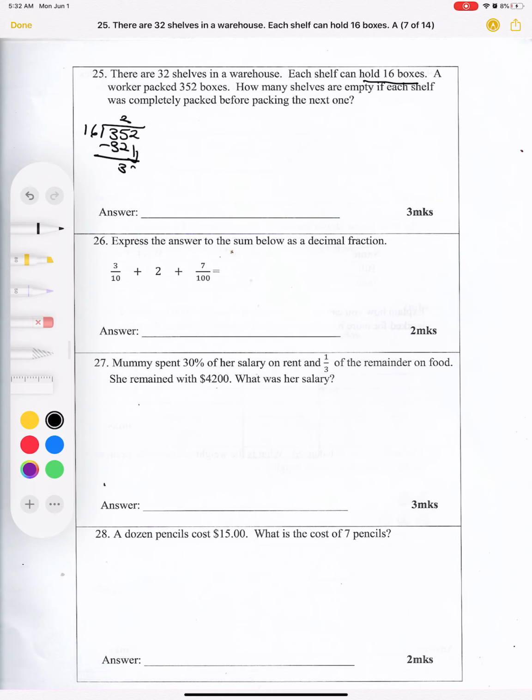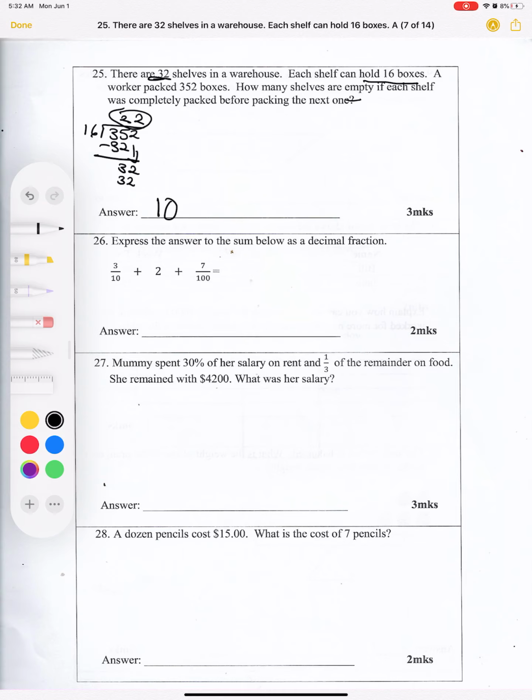Bring down the 2. 16 into 32, 2. 2 16s are 32. So 22 shelves have been packed out of 32. So how many shelves are still empty? 22 plus 10 make 32. 10 shelves.